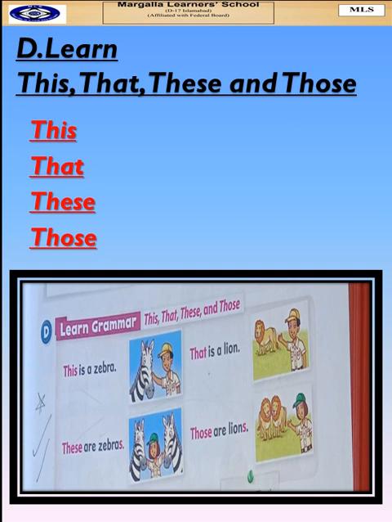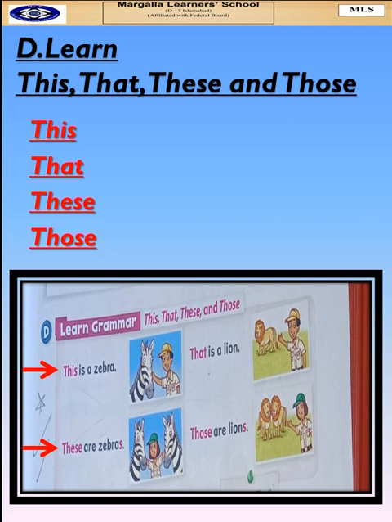I'm again repeating myself. If there is only one thing and that thing is present closer to you, you are going to use this. For example, this is a zebra. If there are 2 or more than 2 things which are present closer to you and you are telling someone about those things, you are going to use these. For example, these are my zebras.